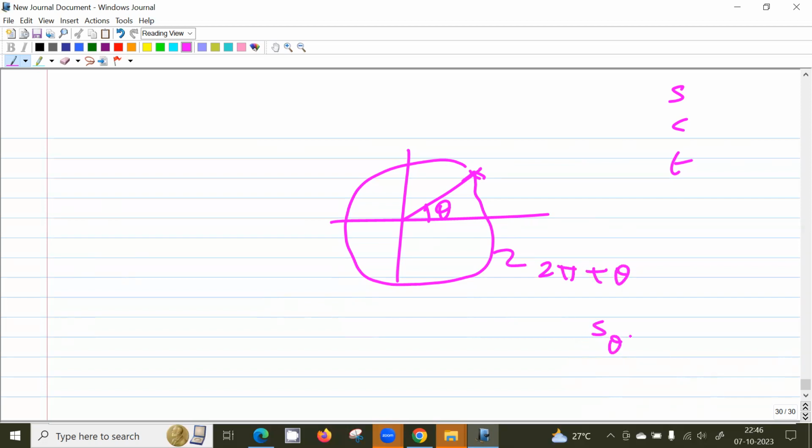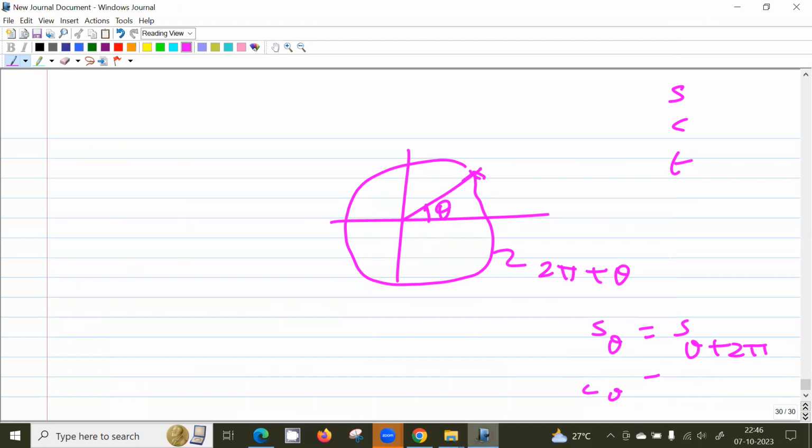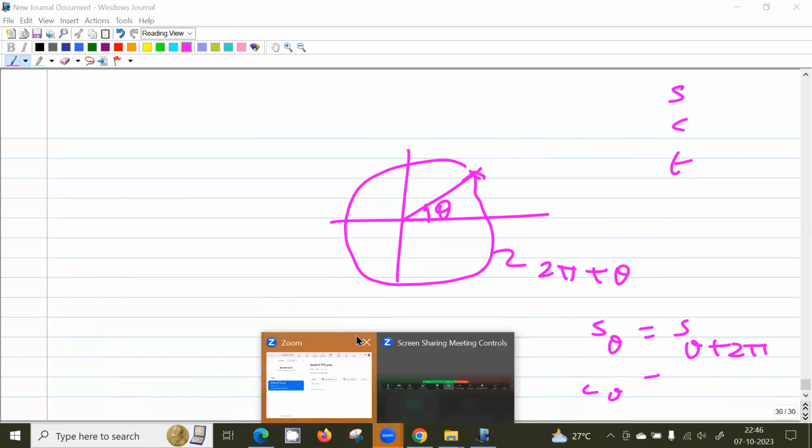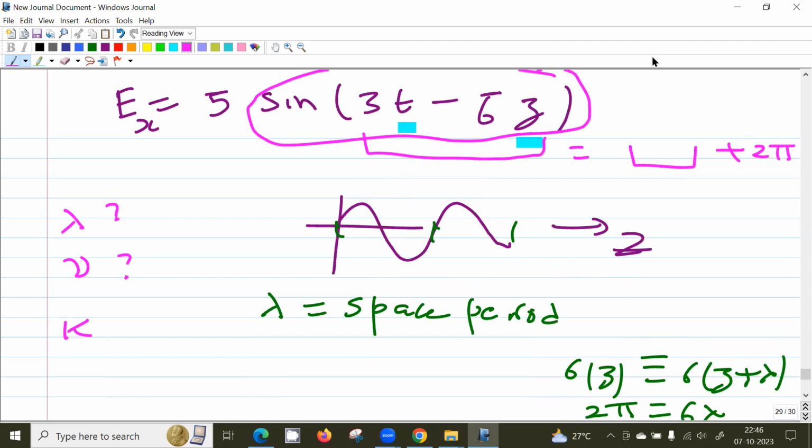Sine of theta is the same as sine of theta plus 2 pi, cos of theta is the same as cos of theta plus 2 pi, and similarly tan theta is the same as tan of theta plus 2 pi. Understood. All trigonometric functions, sine, cos, tan: if I change the argument by 2 pi, the value will not change. That you should know.